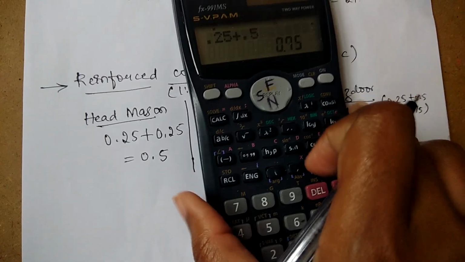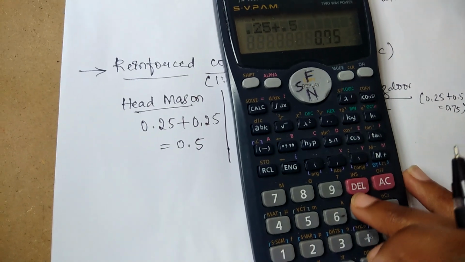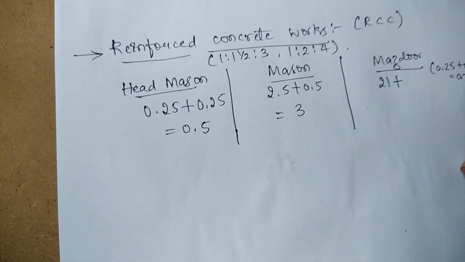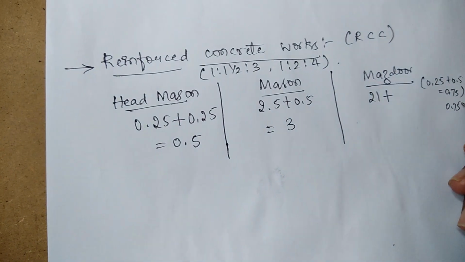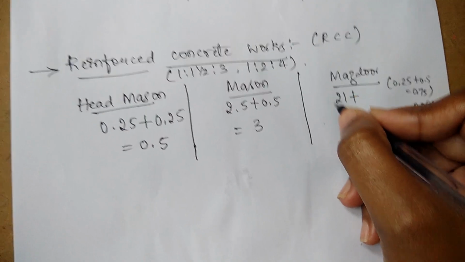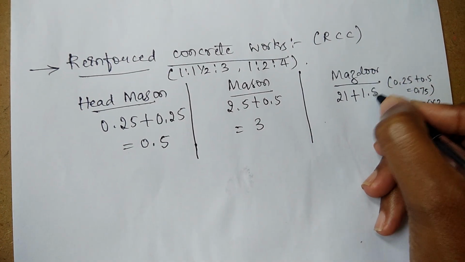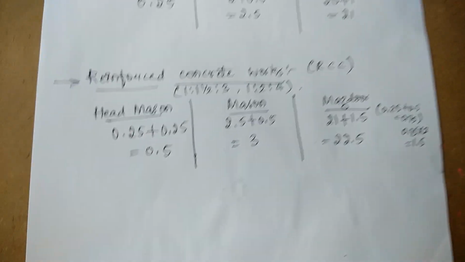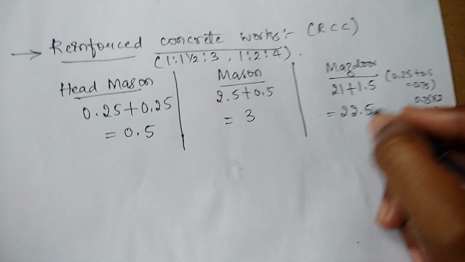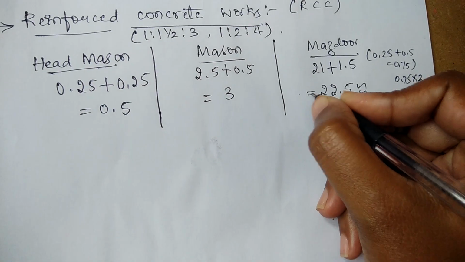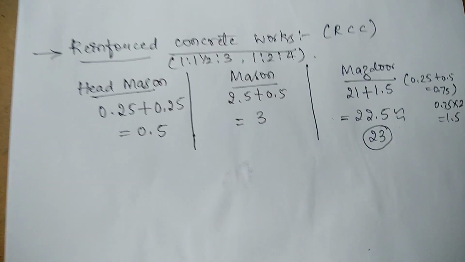So on doubling 0.75, I will get a value which is equal to 1.5. So again 0.75 into 2 gives you value of 1.5. Now this 21 has to be added with 1.5. On adding this, I will get a quantity as 22.5. If I round this value to the next digit, I will get a value which is equal to 23 numbers.